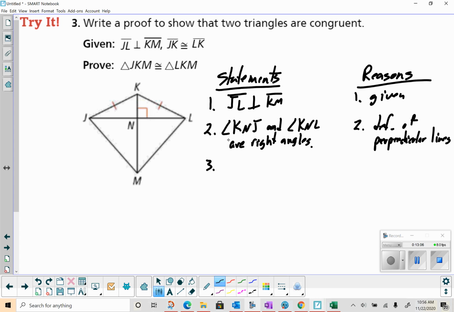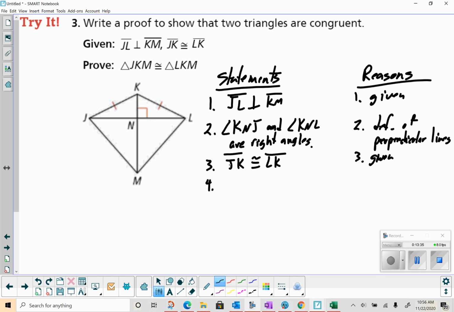So then I could say that, well, no, I'm sorry. Let's go to that second given. Segment JK is congruent to segment LK. That's given. And now, again, if I'm just looking at these small right triangles at the top of my figure here, I've said that we have right angles.